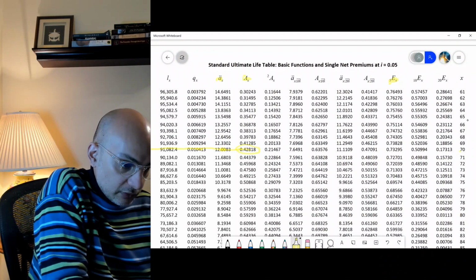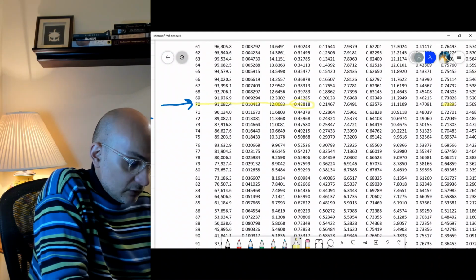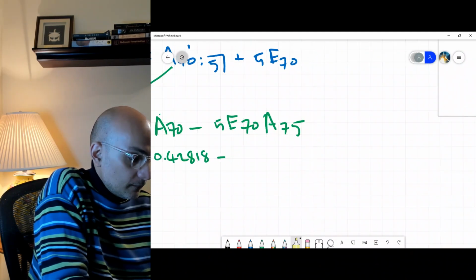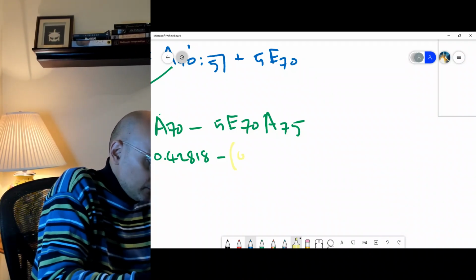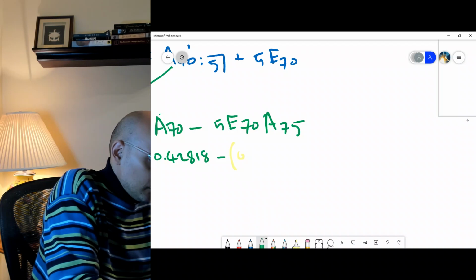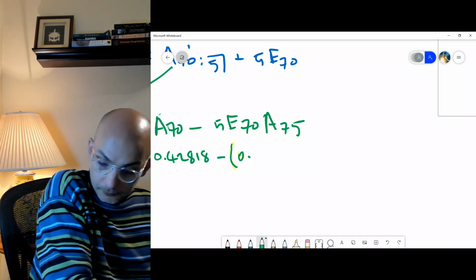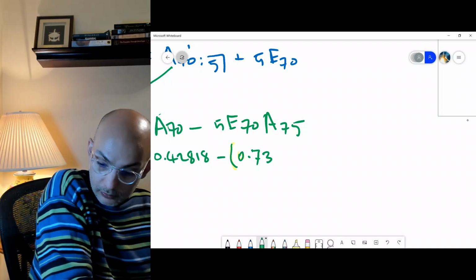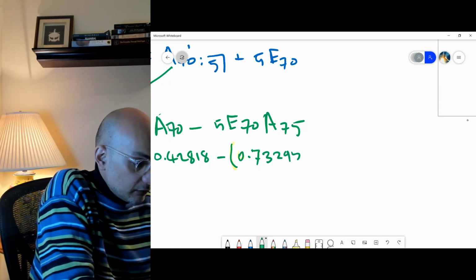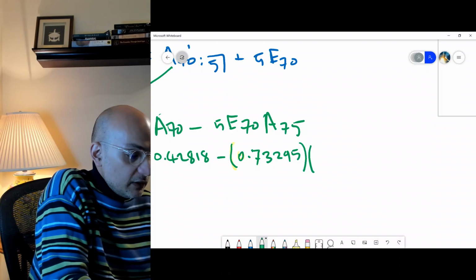You make sure, because it can be confusing here, to get the right one. 73295. It's 0.73295. Now A75, same logic.